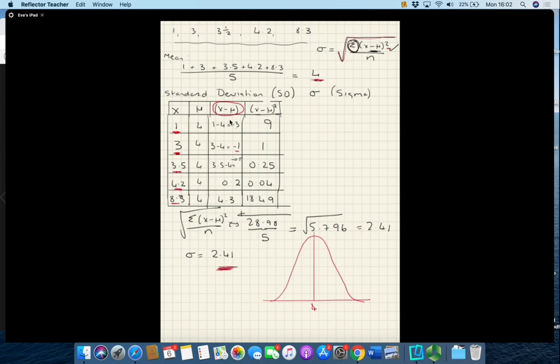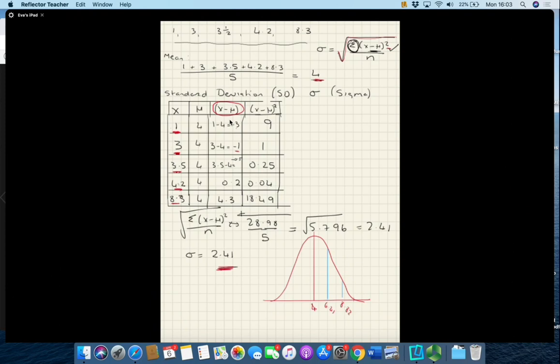And then our standard deviation is 2.41, so we're going up 2.41 every time. So that's 1, 2, 3. If I add 2.41 onto 4, that's 6.41. If I add on another 2.41, that's 8.82.